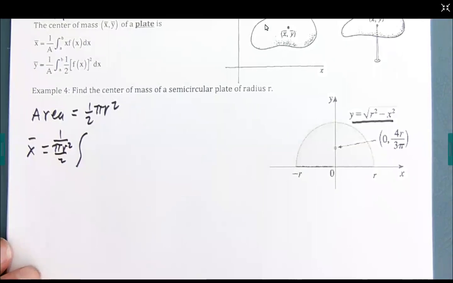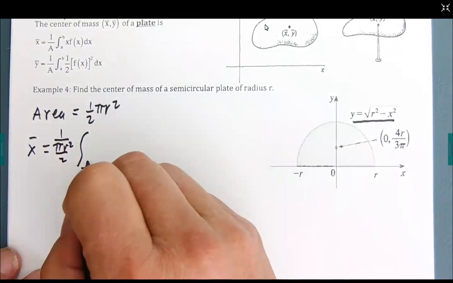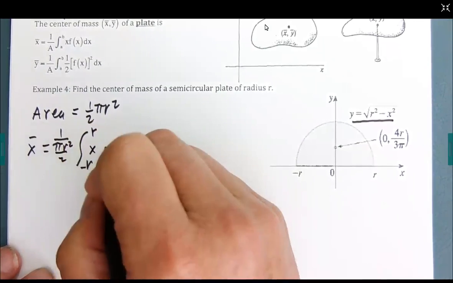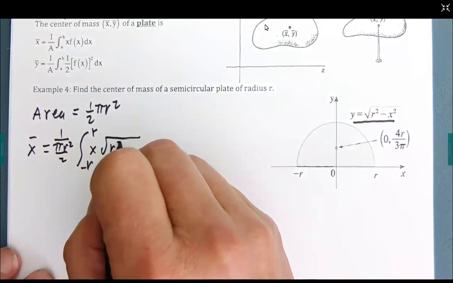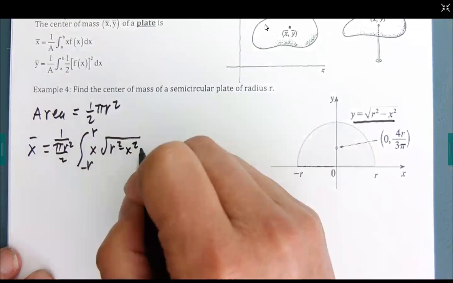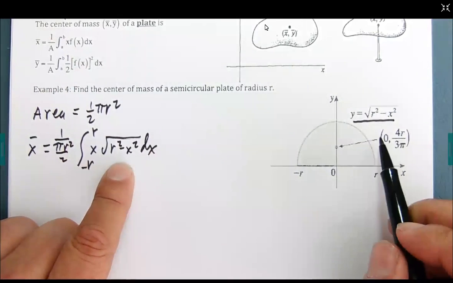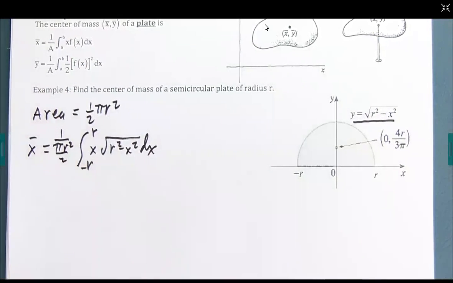Times the integral from -r to r of x times the square root of r squared minus x squared dx. So that's our x times our f of x, which is here. Now, we're going to make things nice and simple here. This function right here is an odd function.